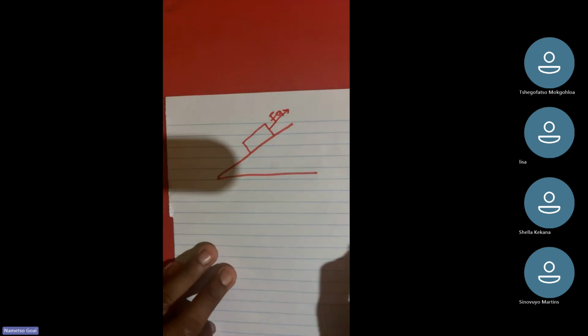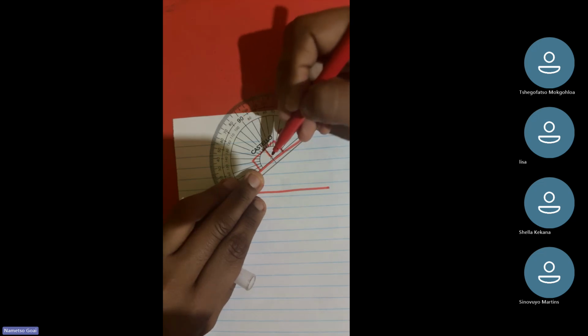Remember 90-degree looks something like this. So if this is a slope and this is our object, let's identify all the forces acting on the object. We have this FA. We have the normal force, which is supposed to act at the 90-degree angle. So if you have the time, take a protractor, put it over here and check where your 90 degrees would be. This is where your 90 degrees would be, right?